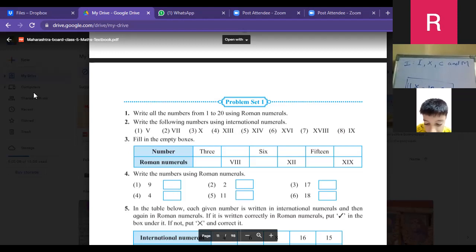And that 3 also, dear, we have to write as 1 plus 1 plus 1, not directly 3, because there is no specific numeral for 3. So we write 1, 1, 1. Is it clear?